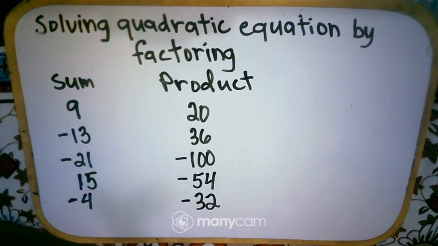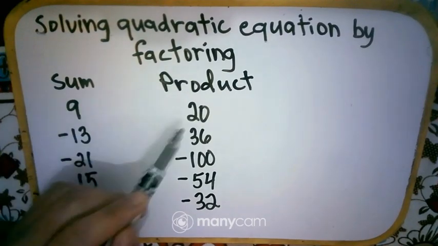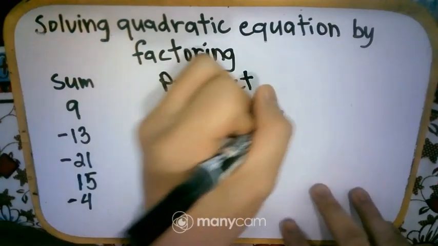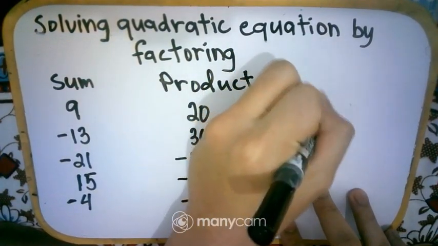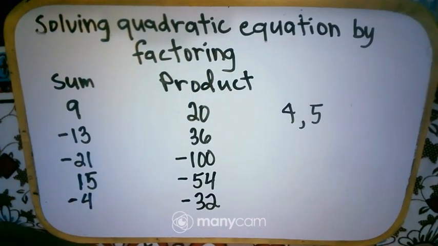I hope nasagutan nyo lahat. Let's see kung tama yung mga sagot ninyo. For 9 and 20, so the answer here is 4 and 5. So 4 plus 5 is 9, 4 times 5 is 20. Okay, next, we have negative 13 and positive 36.